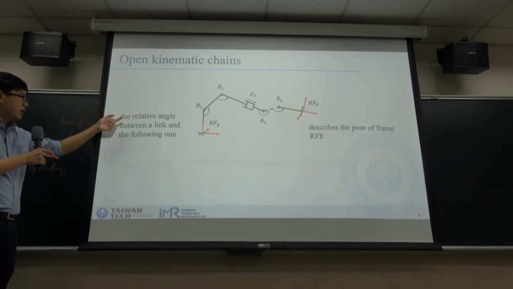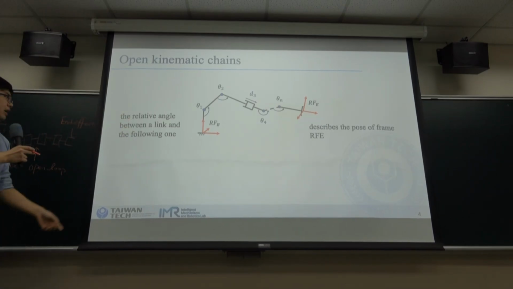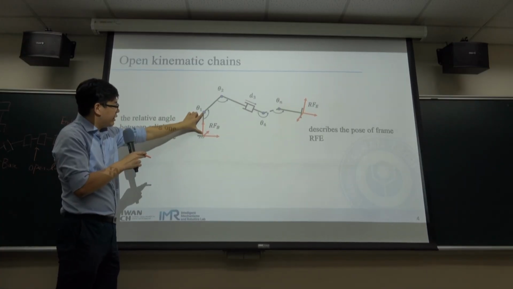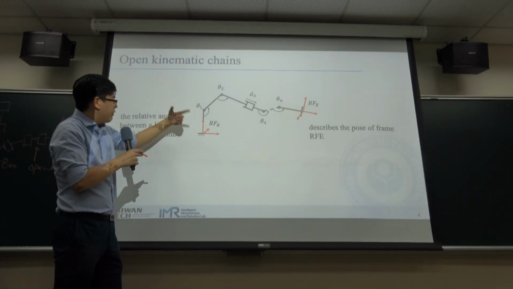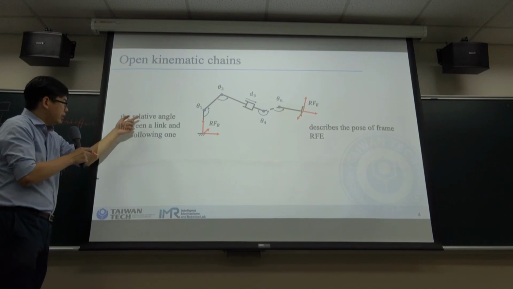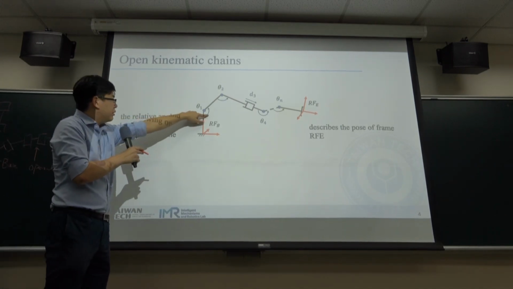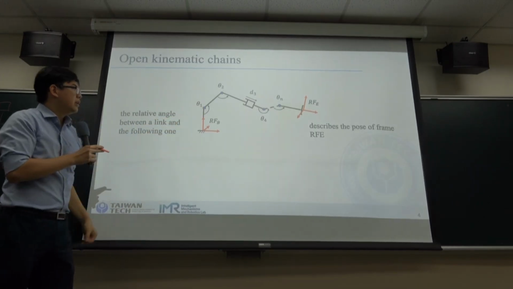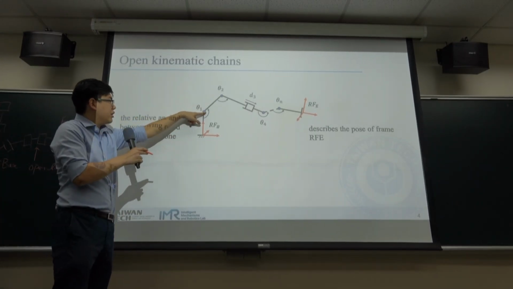So this is the relative angle between a link and the following one. The first link is here and the second link. The relative angle between the two links is the relative joint. So this is joint angle number one.